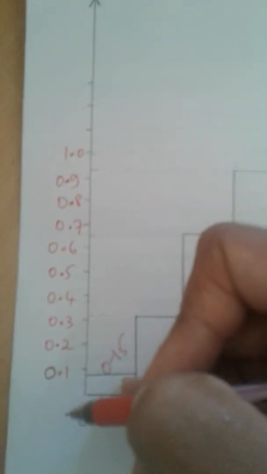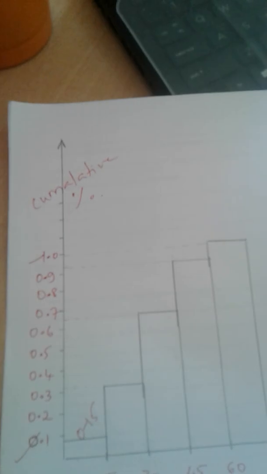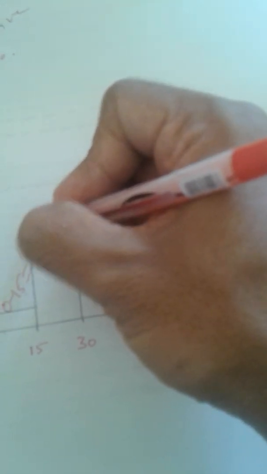So 0.08 was the first cumulative percentage. On the y-axis we have started with 0.1, and so on, and 1.0 is the last. This is the cumulative percentage, that is, the last column values are to be plotted here. The first cumulative percentage is 0.08.